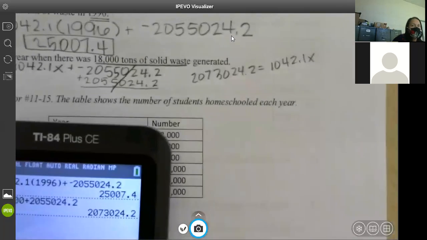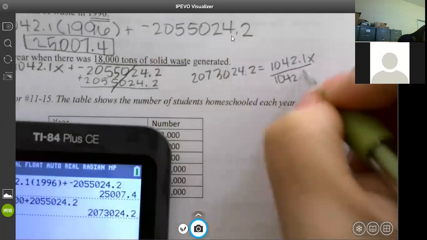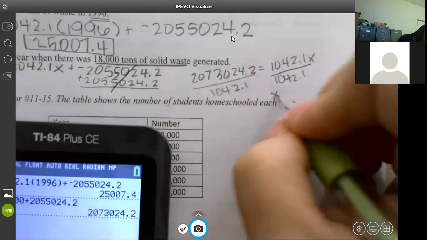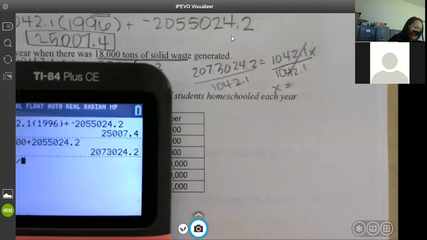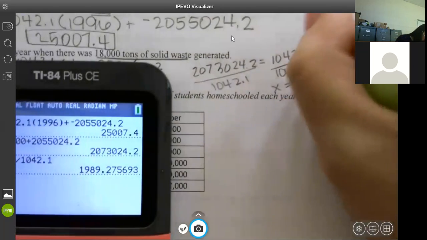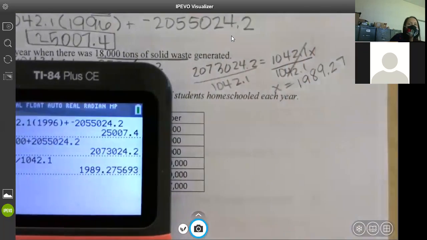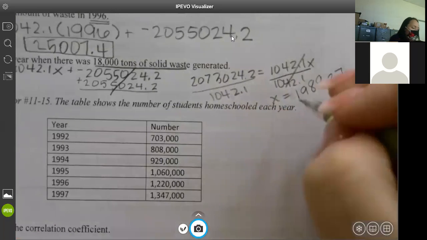How do I get x by itself? Divide by 1042.1. You guys know how to solve it. Don't freak out because it's big numbers. You have your calculator. So these will cancel out. I'm going to divide this by the 1042.1. And I'm going to get 1989.27. So what year was it? 1989.